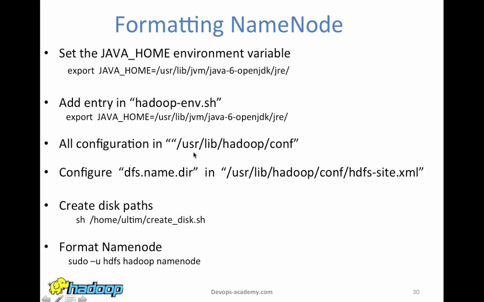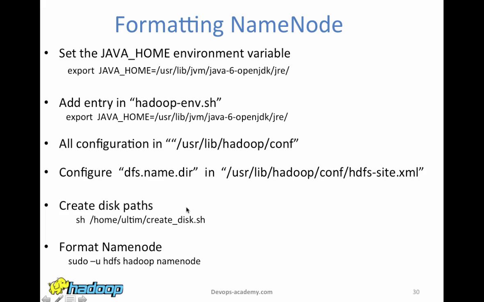And so all the configurations, as I showed you, are in /usr/lib/hadoop/conf. Complete Hadoop configurations are present there. So configure dfs.name.dir. We'll come to it in later chapters. We'll go through what all these configurations mean to a master node or to a slave node. You first set up a single node cluster, and we'll go into each section of this configuration in the coming chapters.